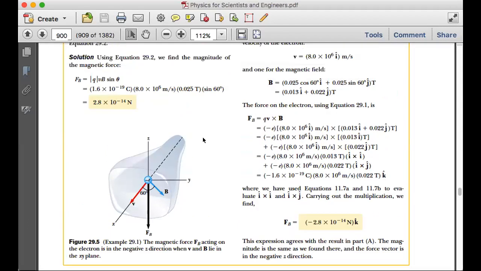So this is the magnitude, always positive, and this is the vector representation, or vector picture. Any question?